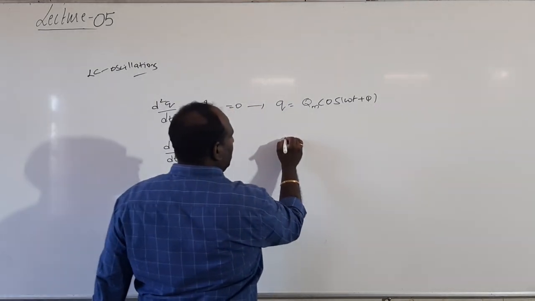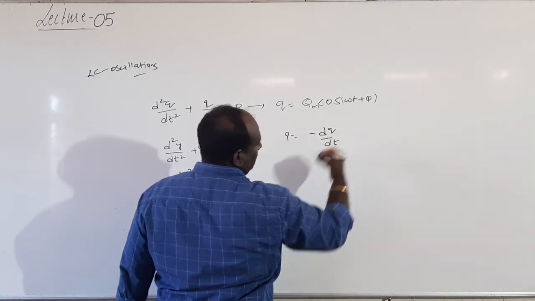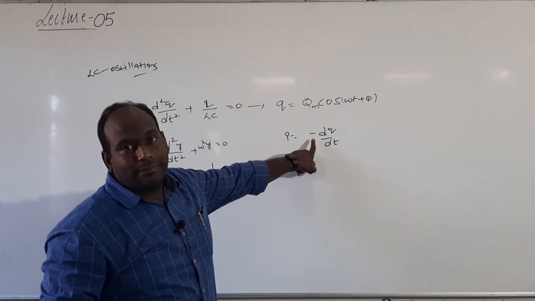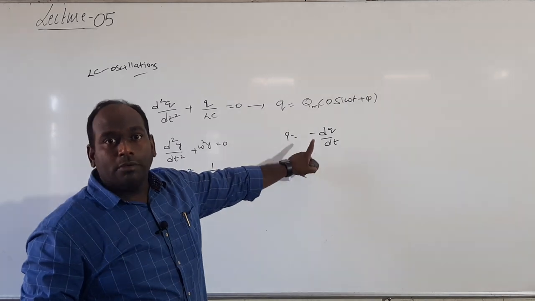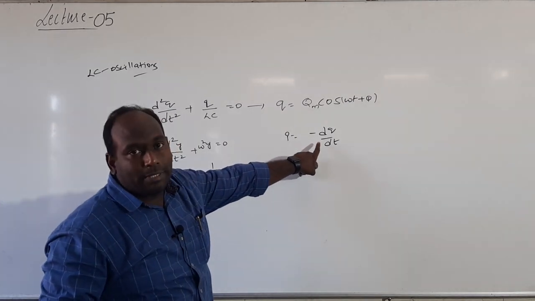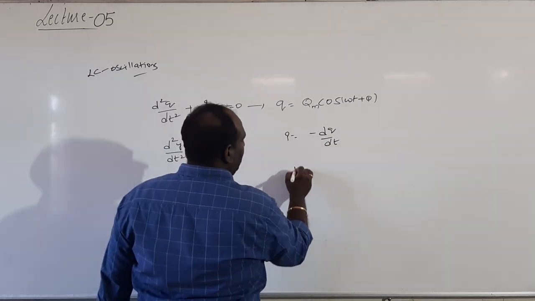I already mentioned that I = −dq/dt. Why am I writing minus? Because the charge on the capacitor decreases with respect to time, and for any parameter that decreases with time, we can assign the minus sign. If you differentiate, what do we get?